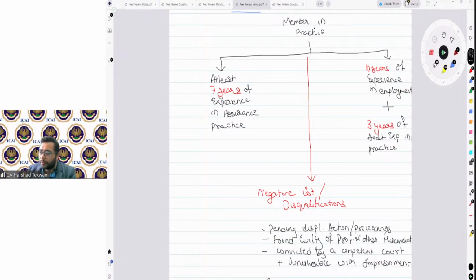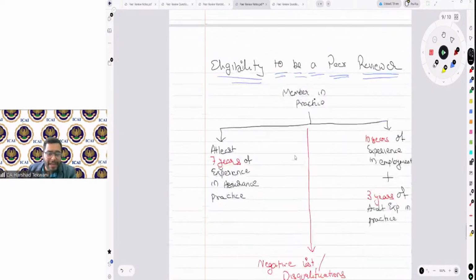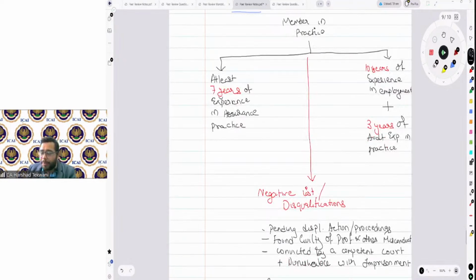Now, this was the qualifications and eligibility for the peer reviewer. Having said that, now there are some obligations which are defined for the practice unit and for the peer review board. These obligations include the duties they need to fulfill. For example, in case of any non-compliance, they are required to report.